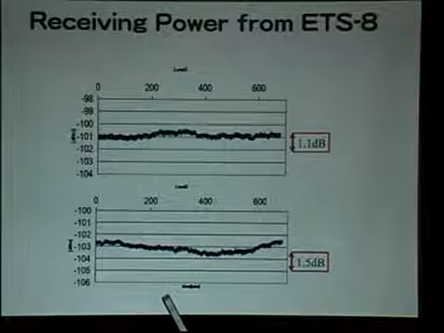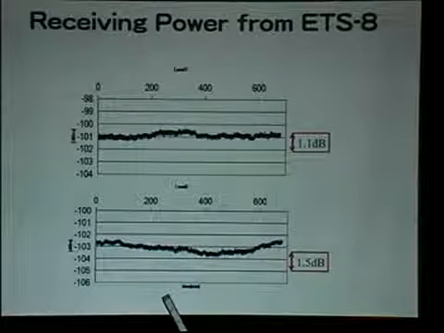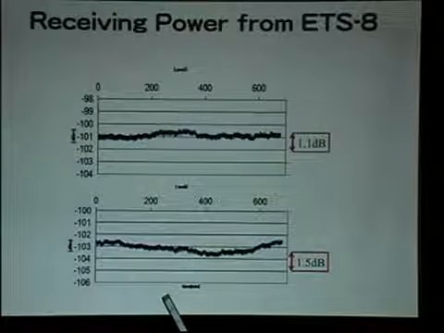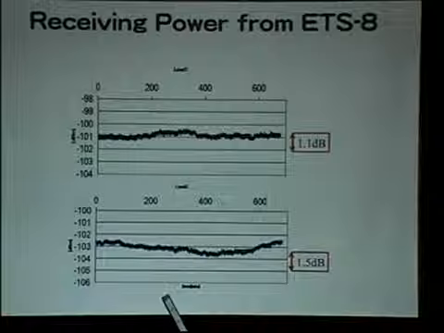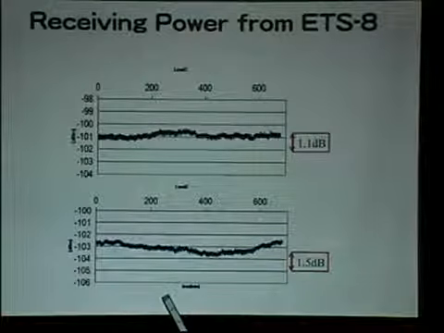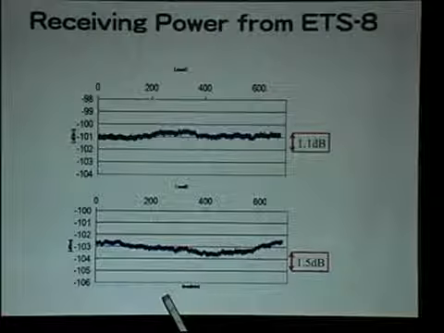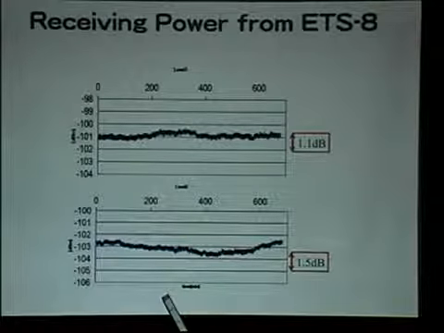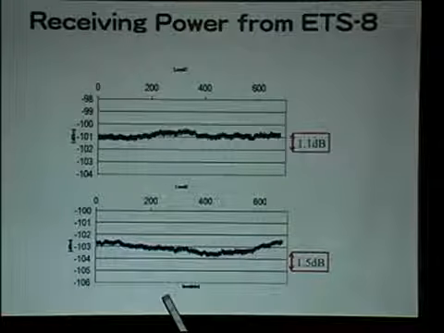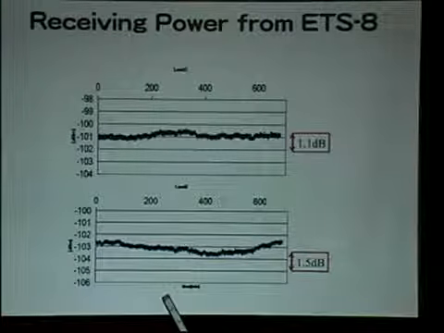In this case only 1.5 dB. But ETS-8 has a very big antenna and it is moving like this, shaking. Maybe this small variation depends on the changing shape of the transmitting antenna.